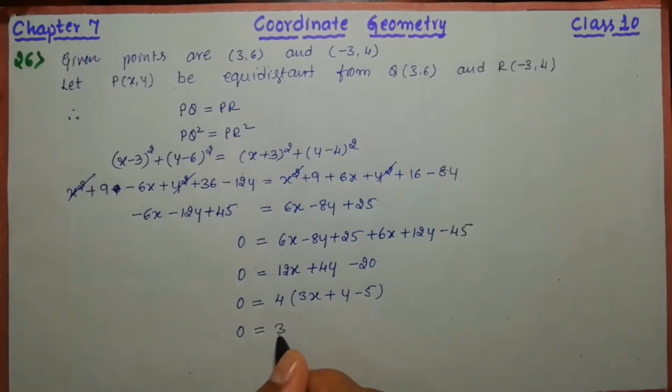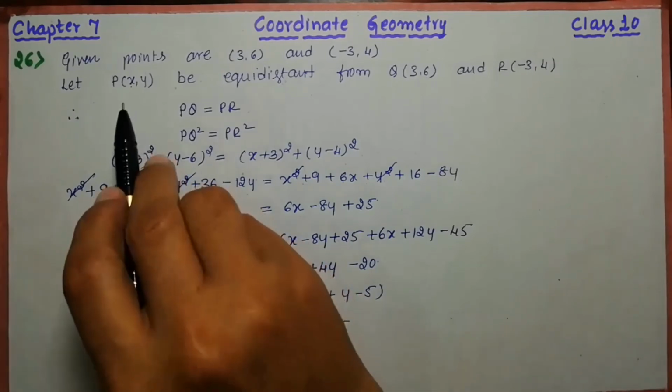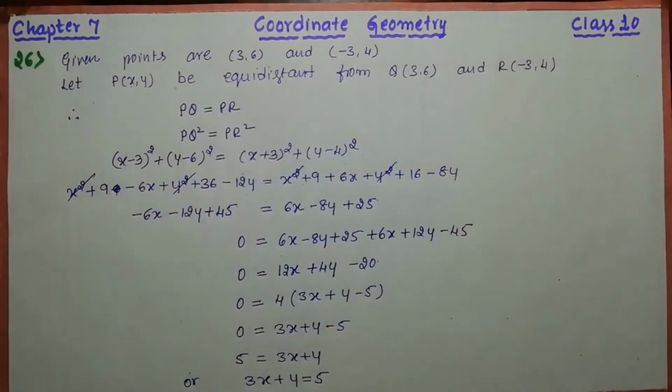So 3x plus y minus 5, or else you can shift minus 5 towards the left side, it will become plus 5. 3x plus y, or you can also write it like this, 3x plus y is equal to 5 is the relationship between x and y whenever the point P is equidistant from Q and R.